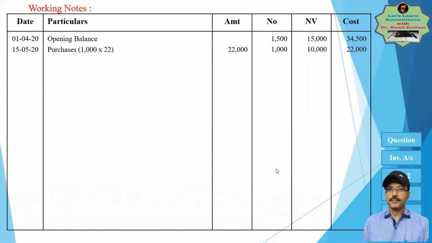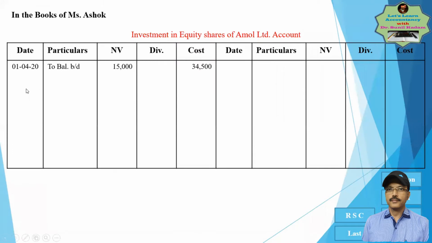The entry: investment in equity shares account debit 22,000, to bank 22,000. So in the investment account, posting goes: investment in equity shares, 15th May, to bank 22,000.